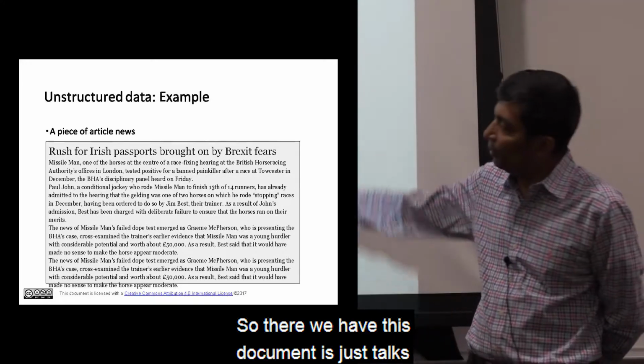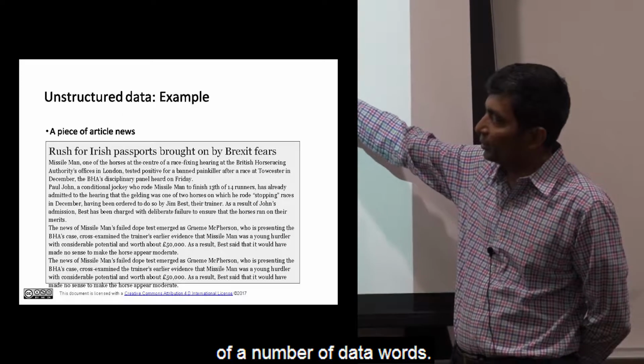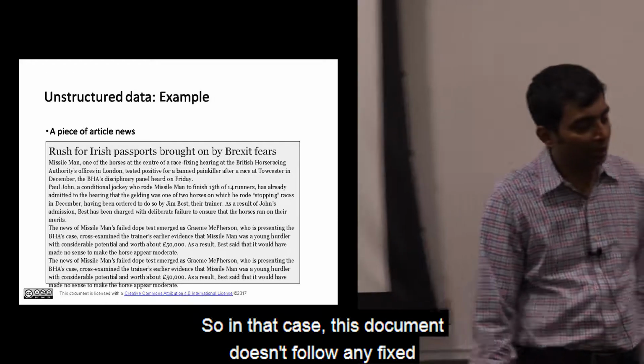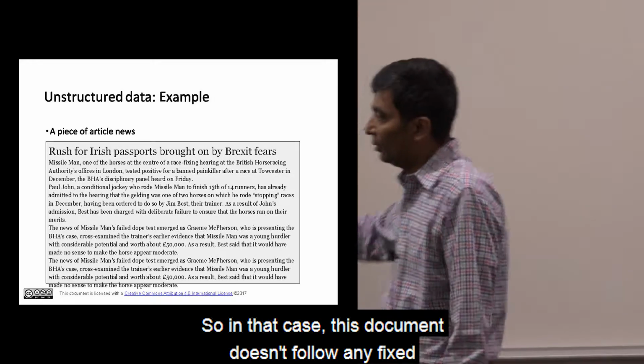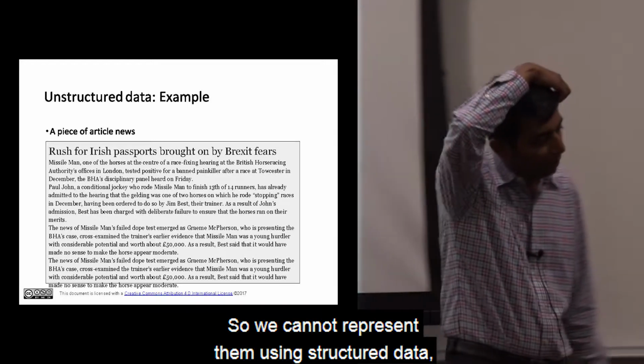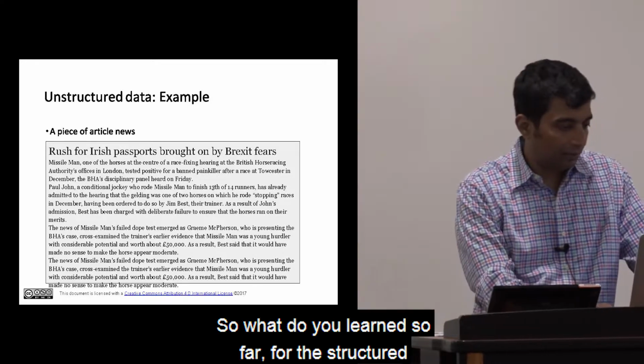This document just talks about certain things, but it consists of a bag of words. In that case, this document does not follow any fixed structure, so we cannot represent it using structured data or a relational database.